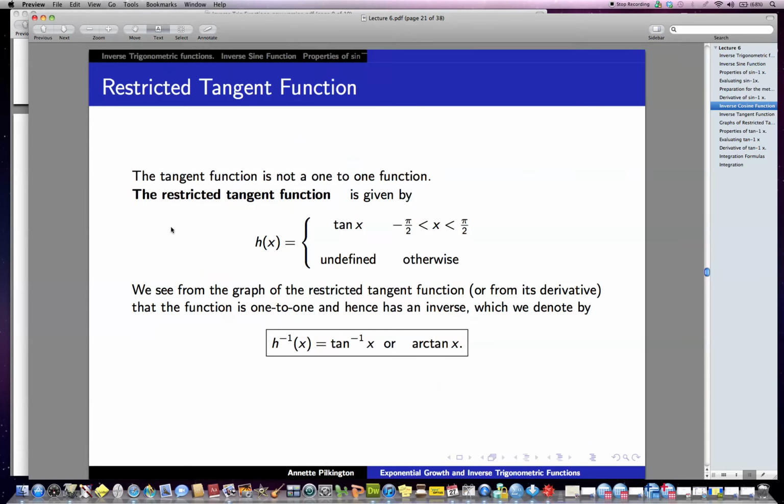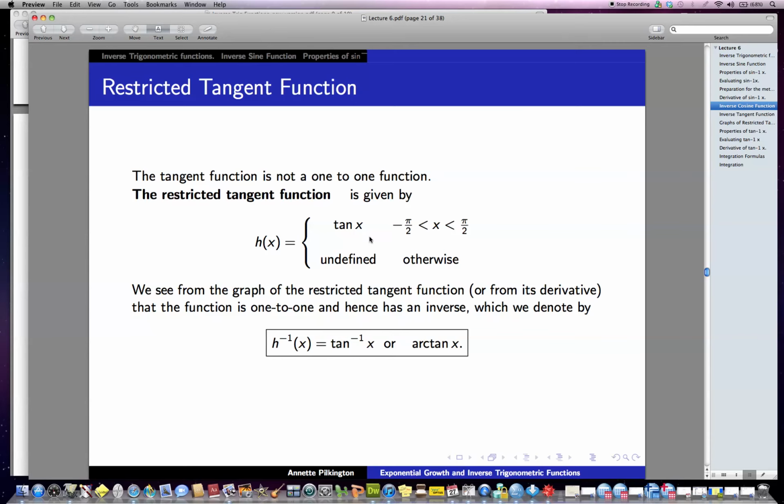We can also create an inverse tangent function by restricting the domain of the tangent function. So the restricted tangent function is defined as h of x is tangent of x for x between minus pi over 2 and pi over 2. So we restrict the domain of the tangent to everything between minus pi over 2 and pi over 2, and this restricted tangent function is undefined otherwise.